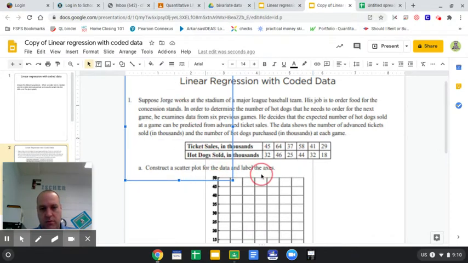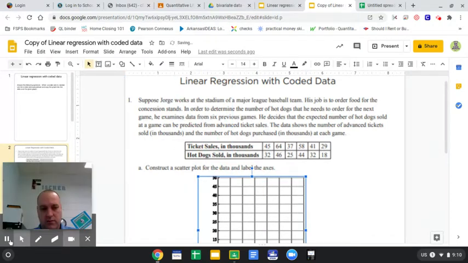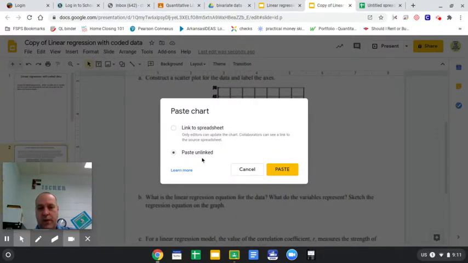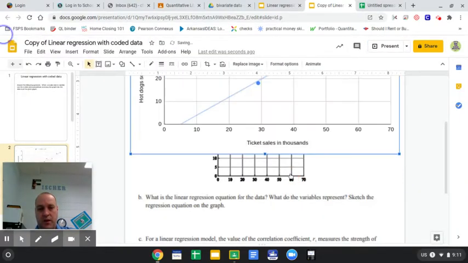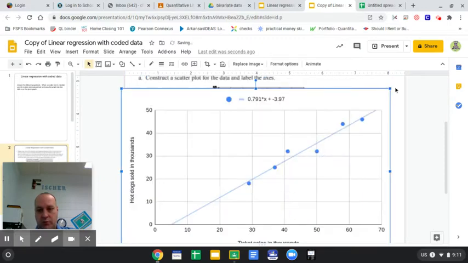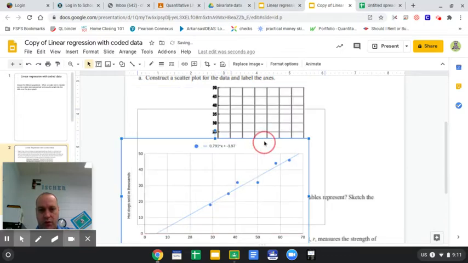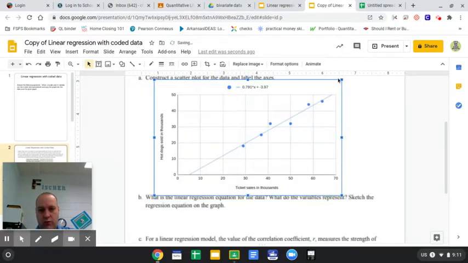Is it thinking about it still? Let's see. All right, I'm going to paste it unlinked, and there it is. I'm going to make it a little smaller so it kind of fits on the problem right here, and we'll just cover up that old scatter plot and fix it with the new one.